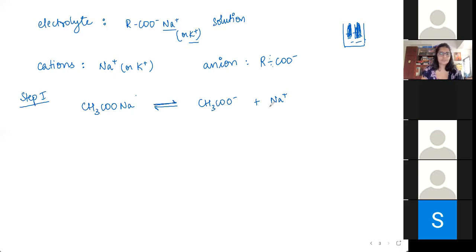So this is what's been happening in the solution. Some of them dissociate, some of them associate, whatever. Now at the anode, what ion will you find? Which of these two ions will go towards the anode?